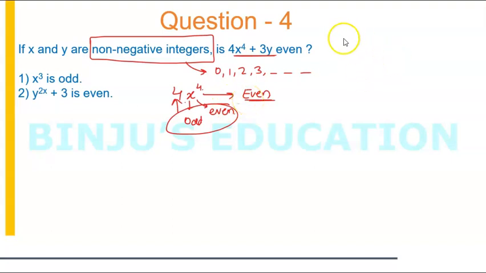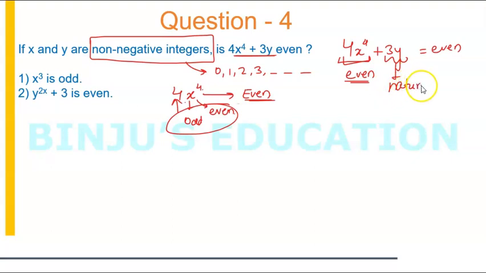Which means if 4x to the power 4 plus 3y is to be even, I just need the nature of 3y, which actually means I just need the nature of y. So again the question is, find the nature of y.